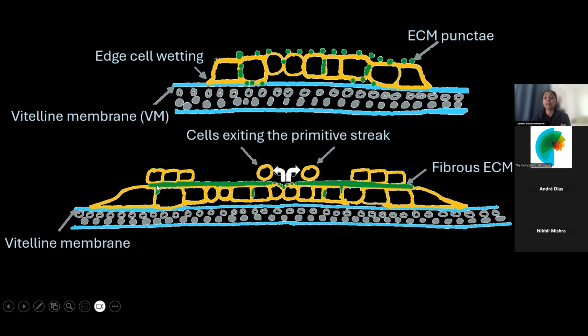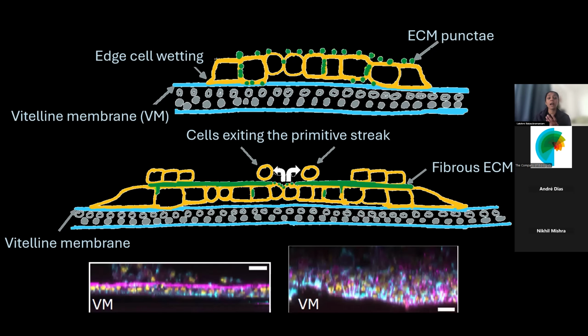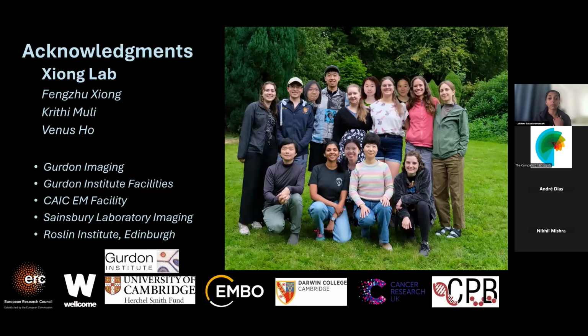But if you do not have this intact ECM, the mesoendodermal cells do not have a surface to migrate over and to create a multi-tissued architecture necessary for further development. And this is evident when we treat the embryos with collagenase on the right, where we see a disruption of the multi-tissue architecture that emerges.